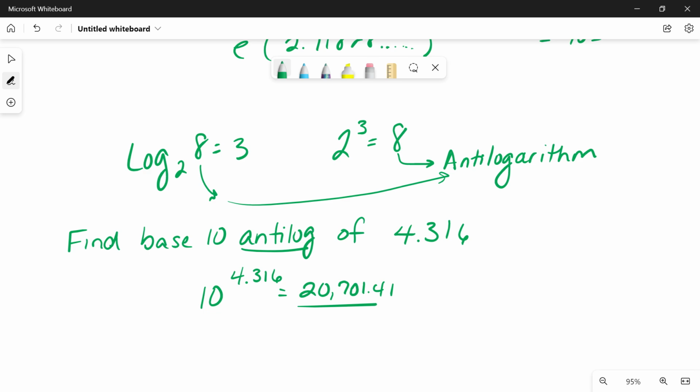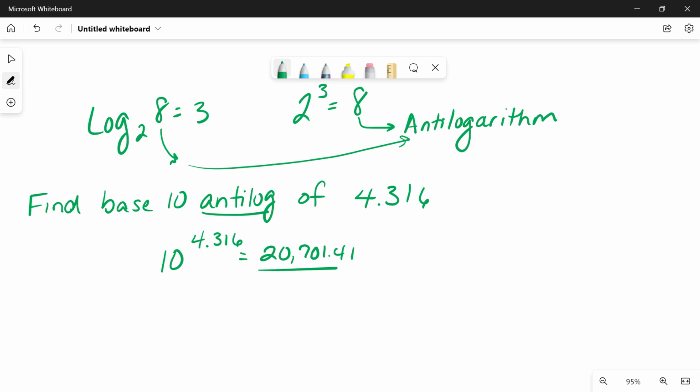The way that we would enter this using a log: I've been given the exponent, and I know the base is 10, so I'm wanting to find this antilog. We would typically just take the 10 and raise it to that, but we can also use an inverse log.